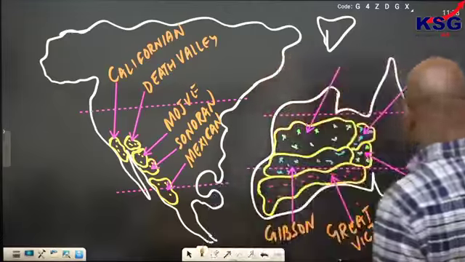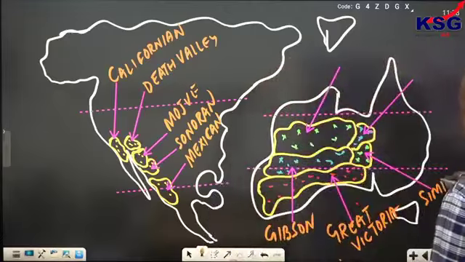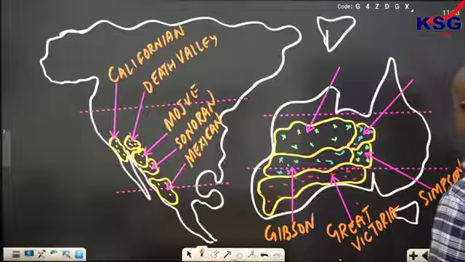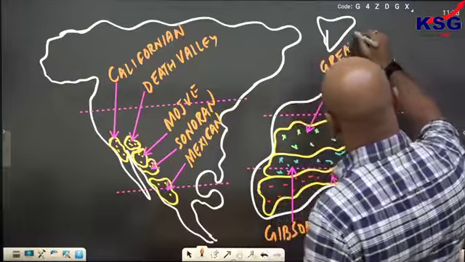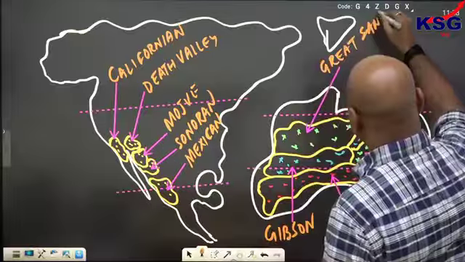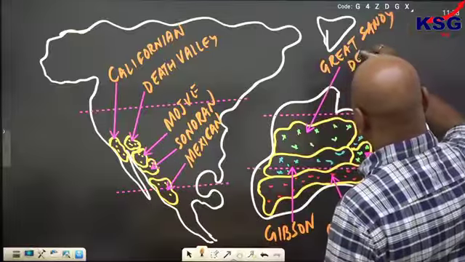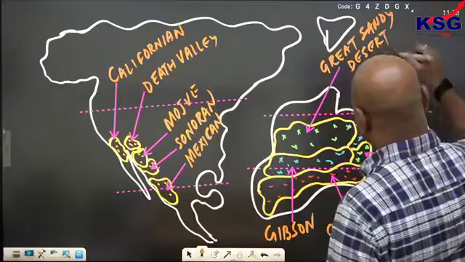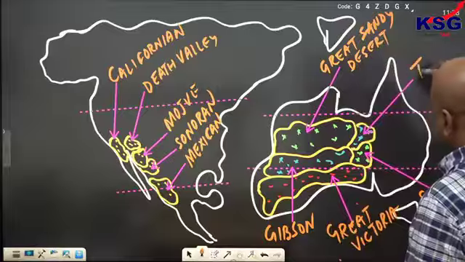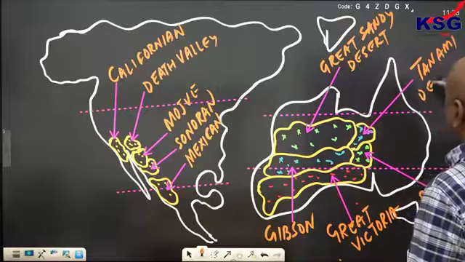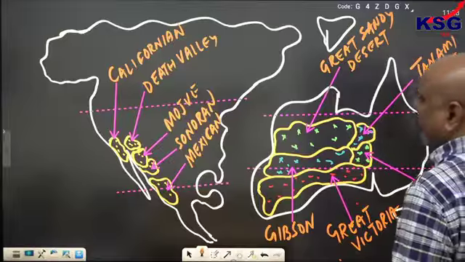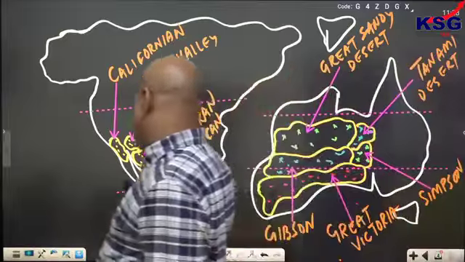Here is Simpson Desert. This one is Great Sandy Desert, and this one is Tanami Desert. Also, these are the deserts here.